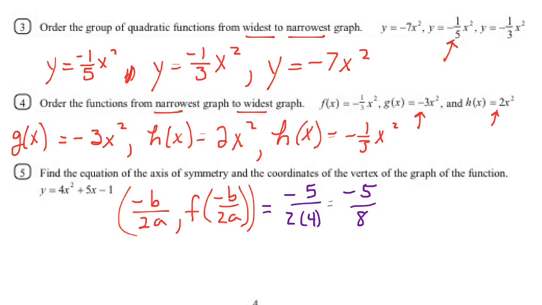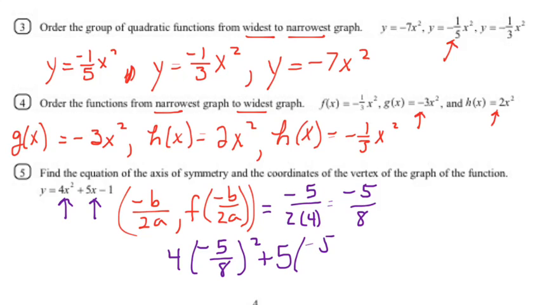If I want the y value of the vertex, I plug that into the function for x. So it's 4 times negative 5/8 squared plus 5 times negative 5/8 minus 1. I'll go ahead and work through the math so you can see all of this.